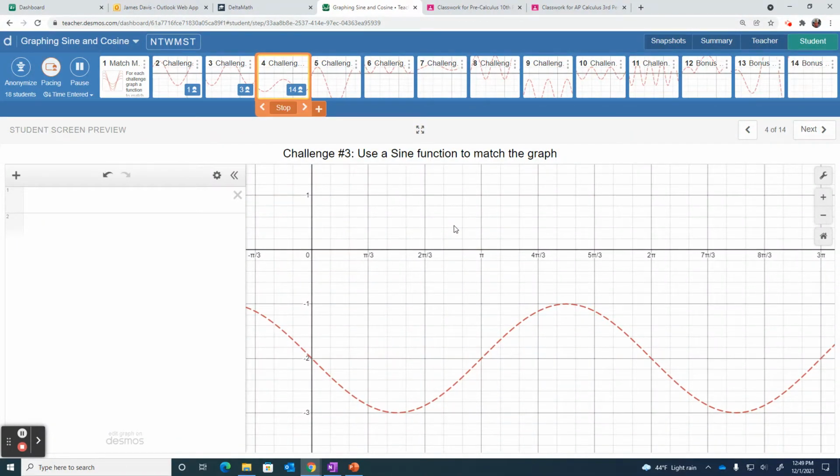So the next one, figure out what you've got to do.